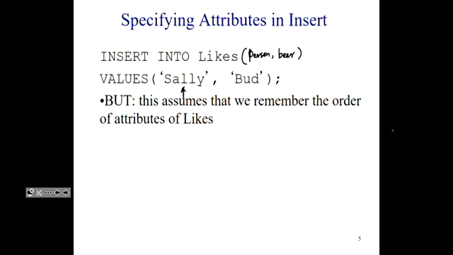And even if the relation was declared as likes beer, comma person, internally the database will look at this query and map the right attribute to the right location. So it'll move Sally to this position and Bud to this position because that was how it was declared in the database. Okay? Is that clear? Okay.